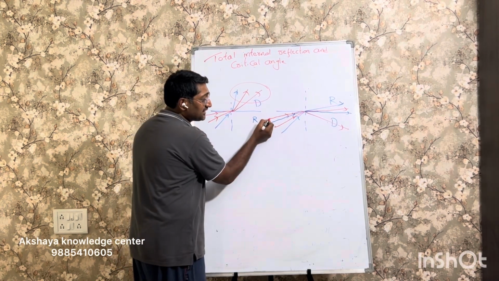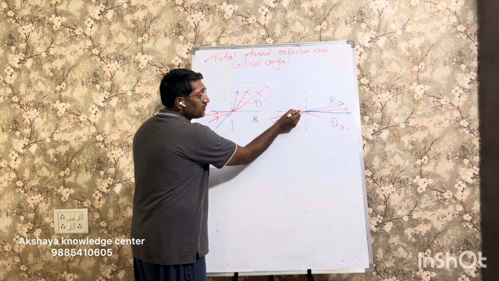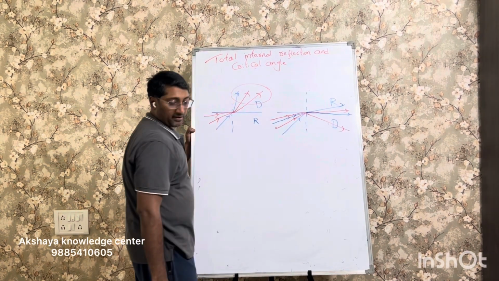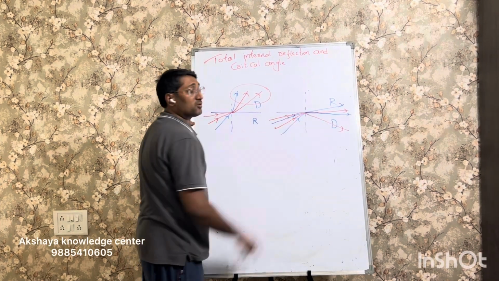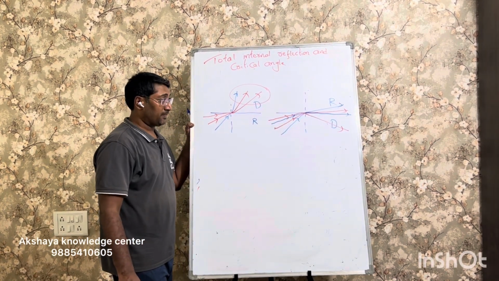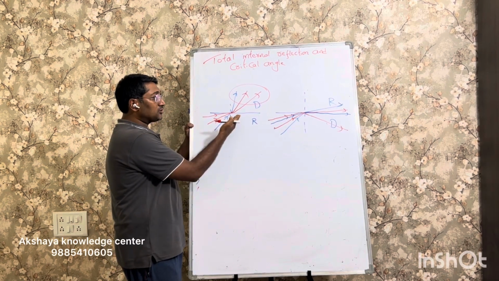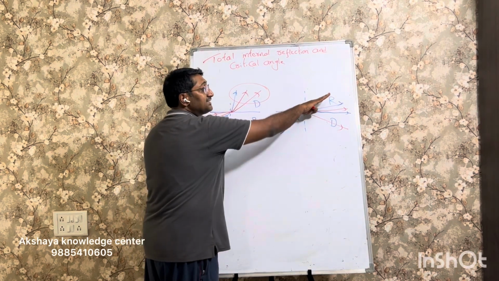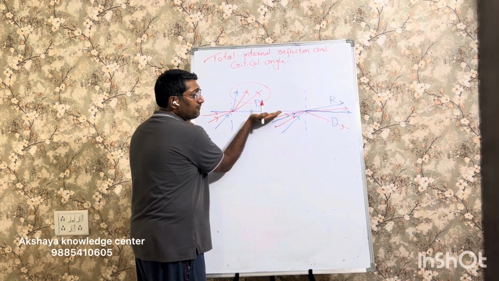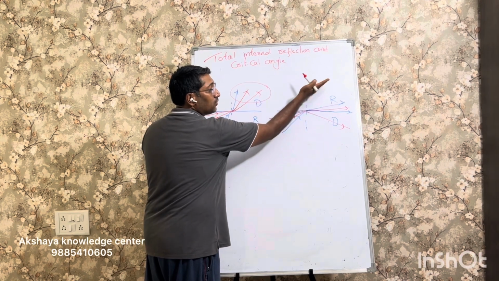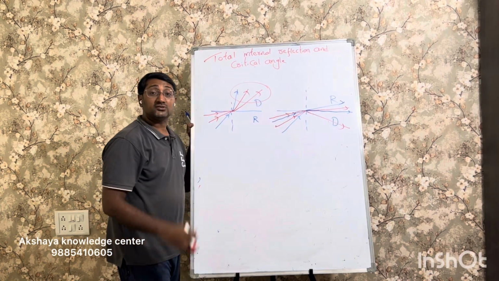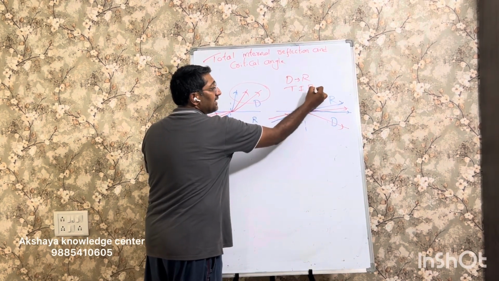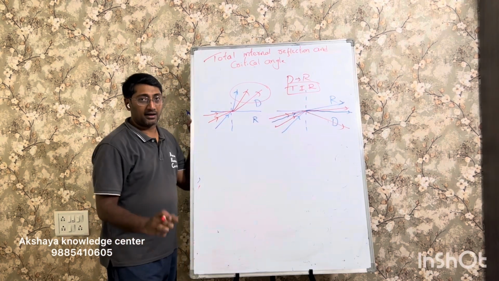So see this last scenario, where this is the incident ray and nothing is going beyond, everything is coming backwards. This particular scenario corresponds to total internal reflection. It's very simple. Here it's not possible because light is always going to the other side and coming close to the normal. Here light is going away from the normal. When there is enough push, there is a good chance it might not go to the other side and it might come backwards. So denser to rarer scenarios will give us total internal reflection, TIR.